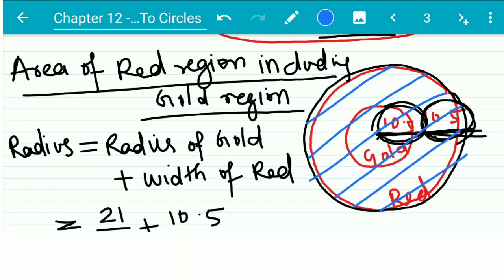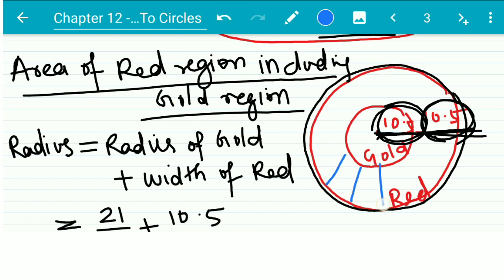Now to find the area of only this part. See, only the red part. You need to subtract this gold region from the full area. Then you will get the area of red region only.